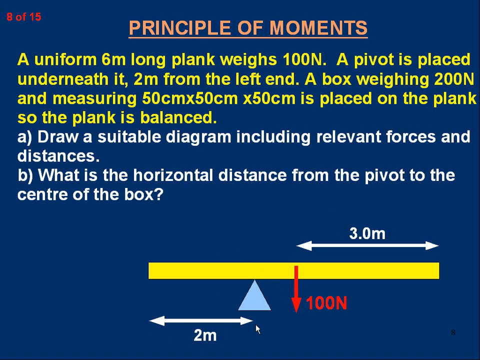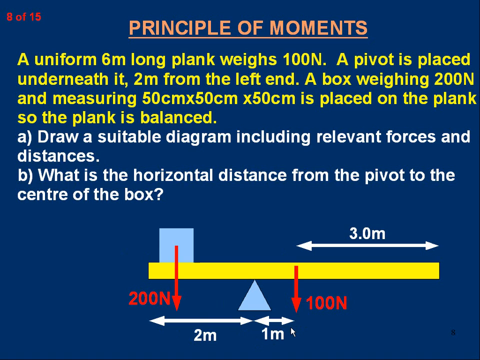It will be very convenient to mark a further distance of 1 meter, which is from the pivot to the line of action of the plank's weight. That 1 meter here. How do I know it's 1 meter? Because it's got to add up to 3. That distance is 2. If I take 2 away from 3, leaves 1 meter.